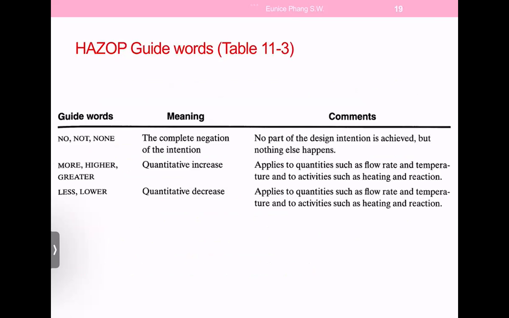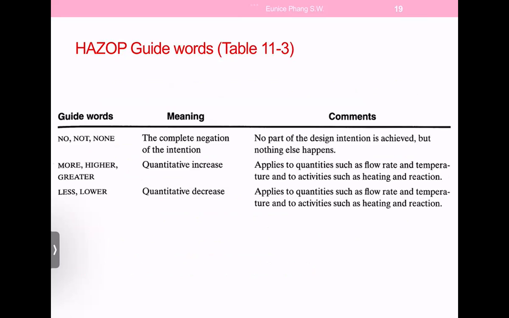Okay, so just now I mentioned guide words. Let me give an example. Guide words here, we have a simple one: no, not, none, higher, greater, lower, and less. What do we mean by this? Let me show you an example.